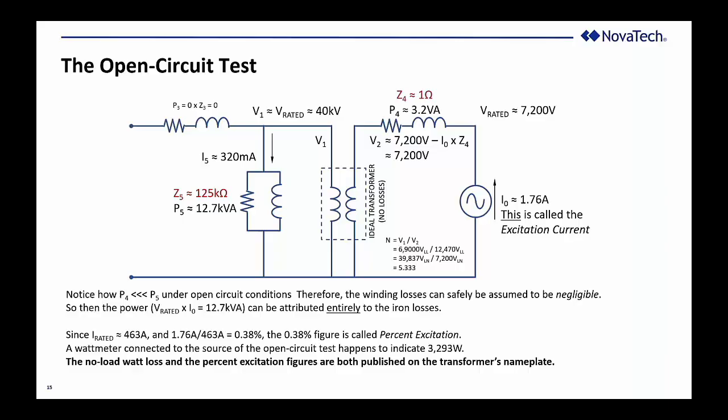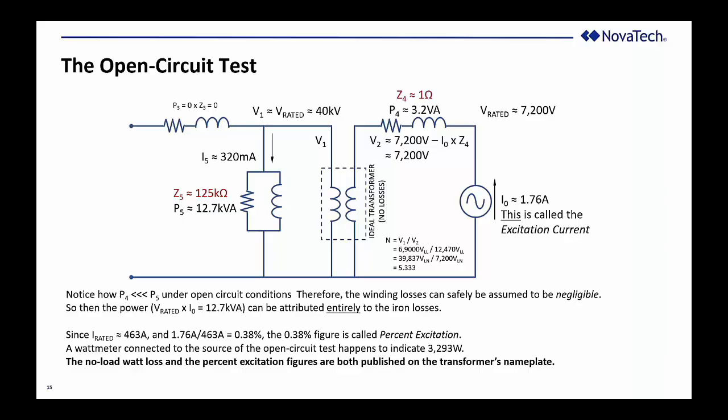What we can see from this is that you can measure the amount of current that is being drawn by the circuit, and that excitation current is one of the nameplate values reported by the transformer. The important part of the schematic drawings that I'm going to show you in the next 4 or 5 slides is not so much that, let's say, the power P4 in this diagram is 3.2 VA.